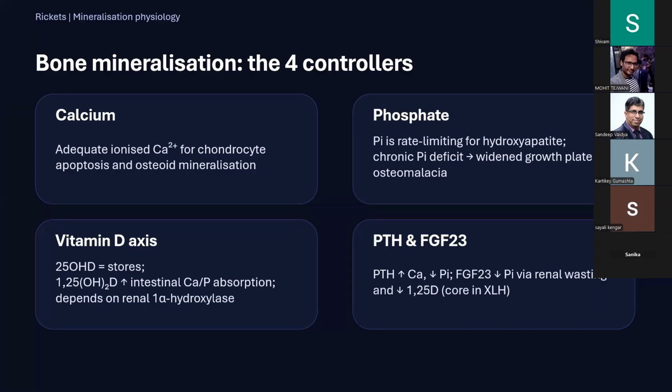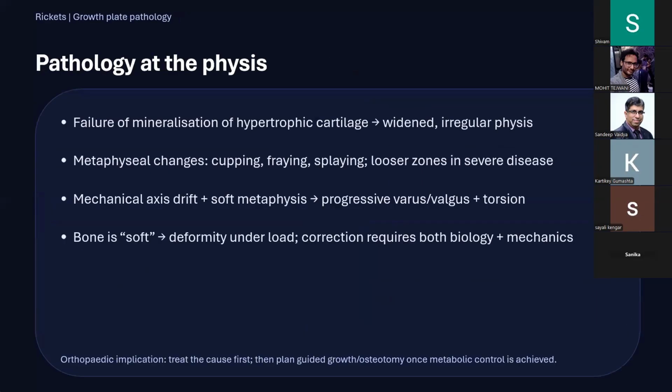Parathormone and fibroblast growth factor 23 both work along. If the parathormone increases, it increases calcium and reduces phosphorus, whereas FGF23 reduces phosphorus specifically by renal wasting, and therefore reduces the active vitamin D3. That is the pathology in X-linked hypophosphatemia.